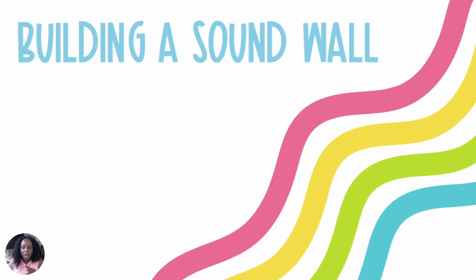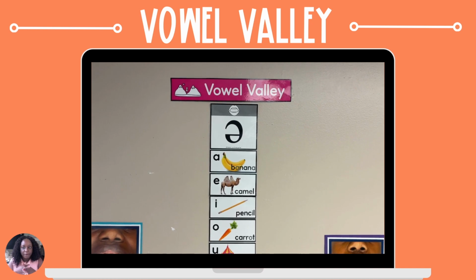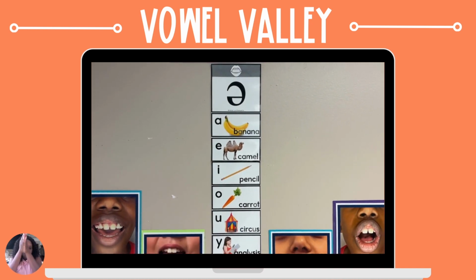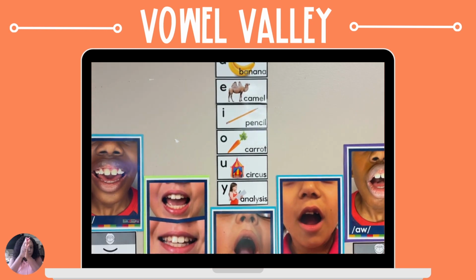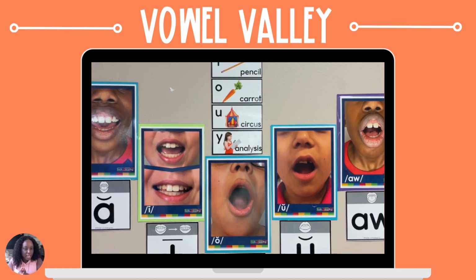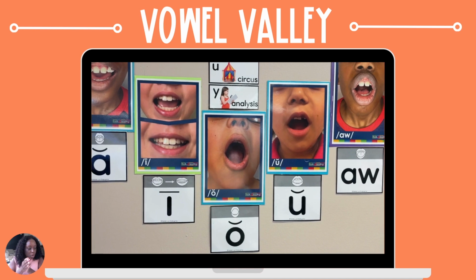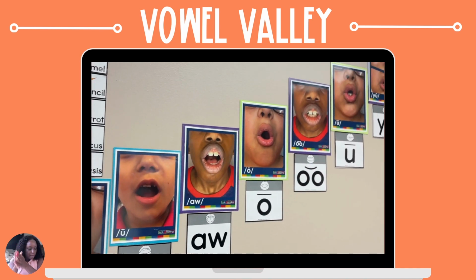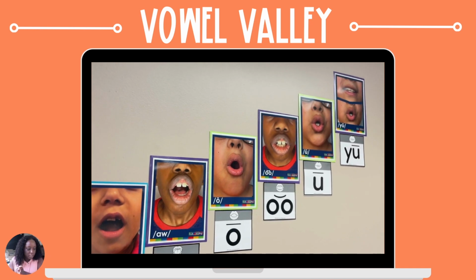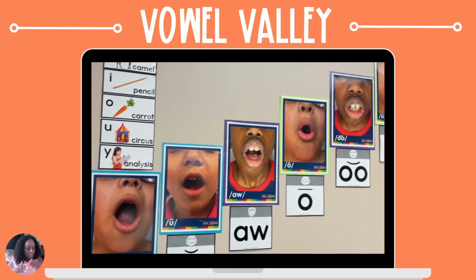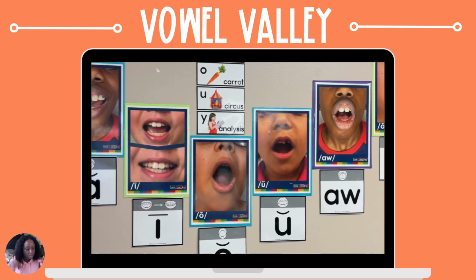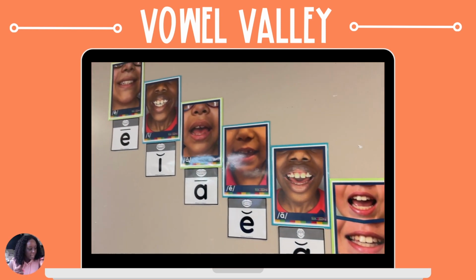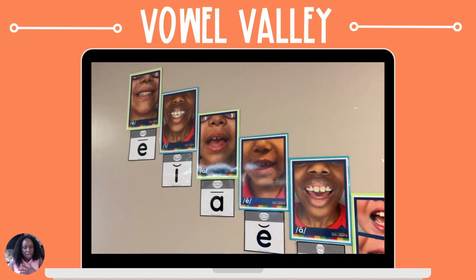So let's start with the vowel valley. Now, you want to make sure that you put your schwa down the middle in those various spellings of that. And your vowels are going to be placed on your wall by order of articulation, okay? So your tongue position, front, mid, back, your tongue height, high, low, and your lip shape, rounded or unrounded.